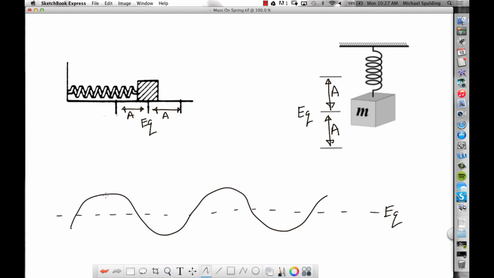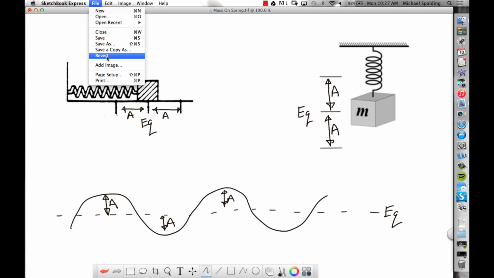So for a wave, it's the same thing. The amplitude is the maximum distance from the equilibrium. For a pendulum, you have an amplitude. It's how big the swing is measured from the equilibrium position, which would be the point where the mass would be if it stopped swinging. Okay, so that's amplitude.